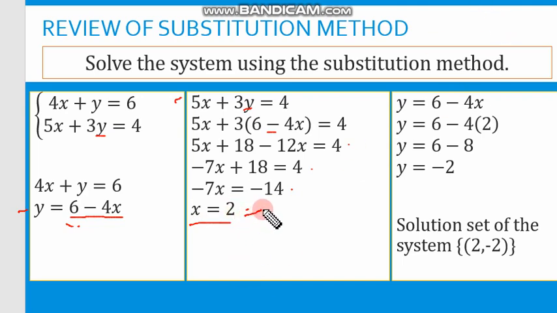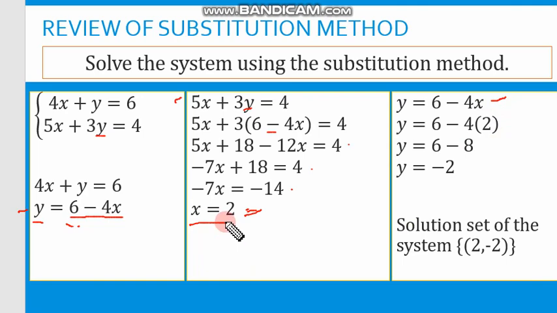We have the value of x, which is 2. Now we will get the value of the other variable, y, by substituting 2 for x. So y is 6 minus 4x.